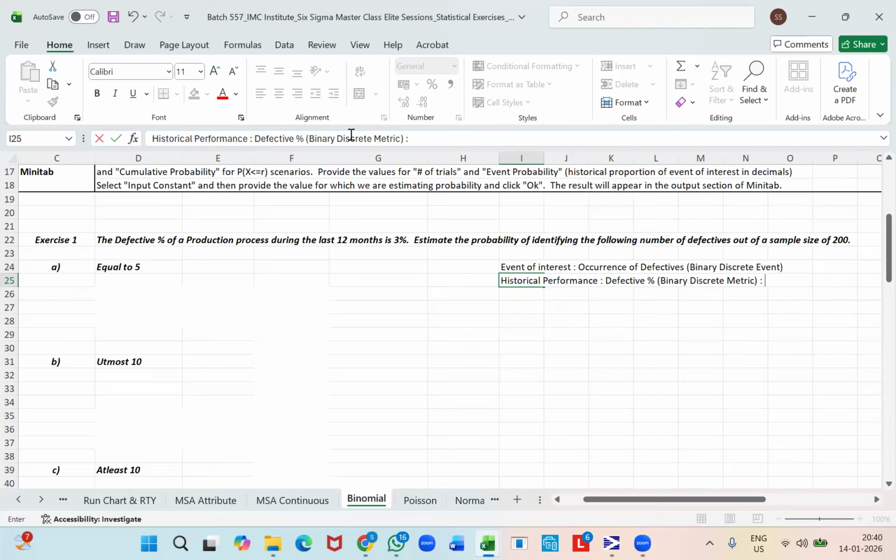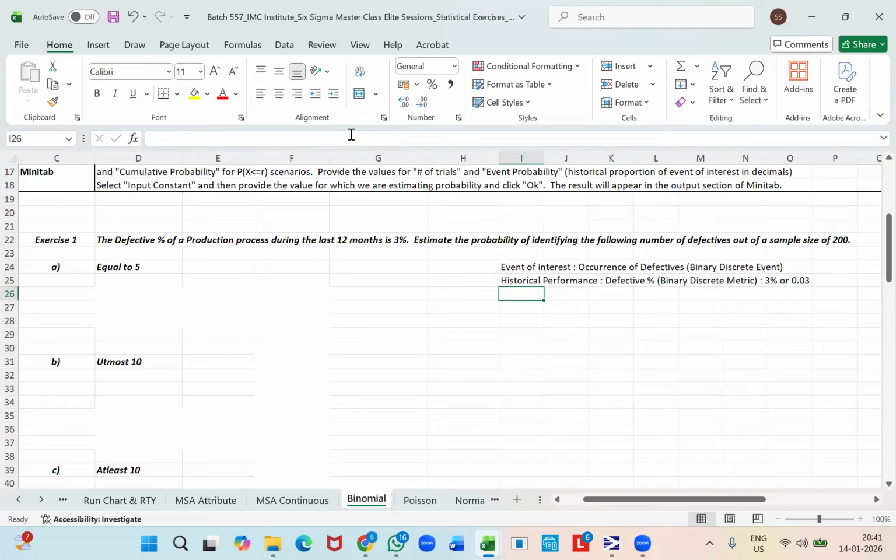Whether it is the Excel formula, my template, or the Minitab dialog box, wherever you input these values, percentage values have to be converted and input as decimal values. We should not forget that. So 3% will be written as 0.03, and 3% will be fed into the formula as 0.03. So the event of interest is a binary discrete event.